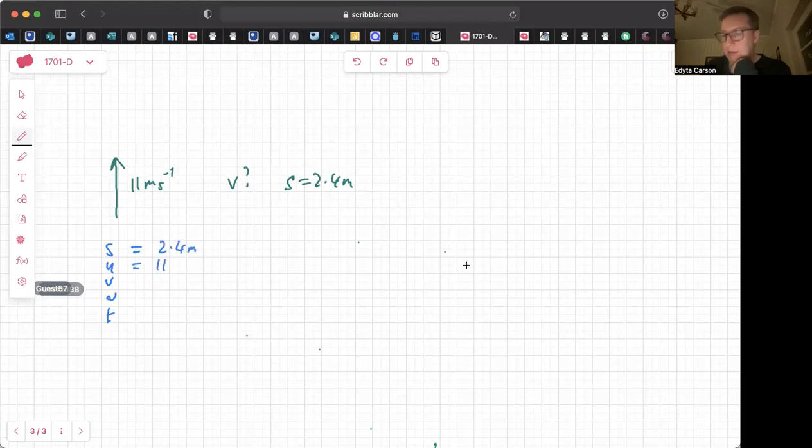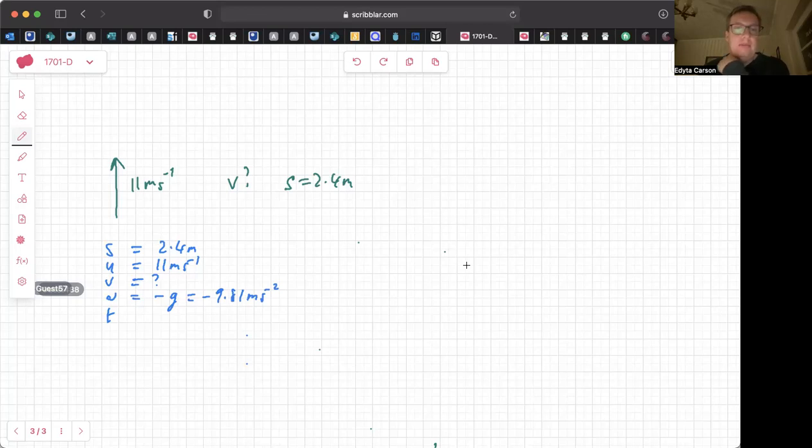U is the initial velocity, which is 11 meters per second. V is what we're trying to find. A is going to be minus g, because if you throw something up, the only thing that's going to be slowing it down is gravity. And that's got a value of minus 9.81 meters per second squared. So if it was thrown up at 9.81 meters per second, it would, after 1 second, come to a stop because it decelerates that quickly.